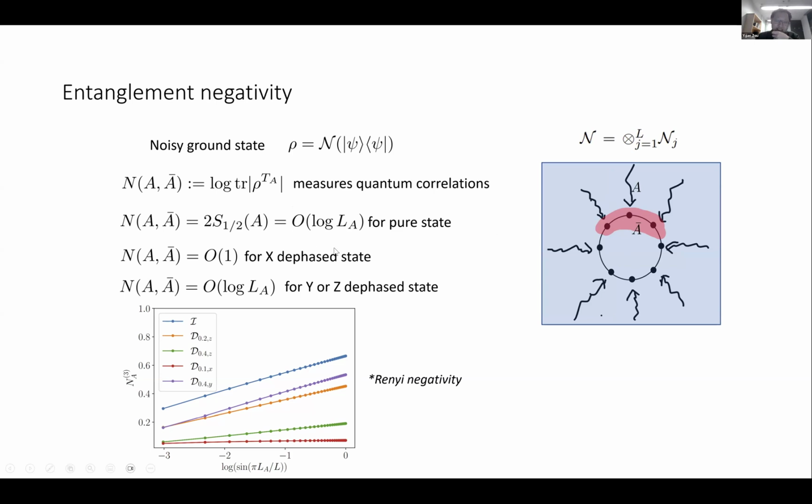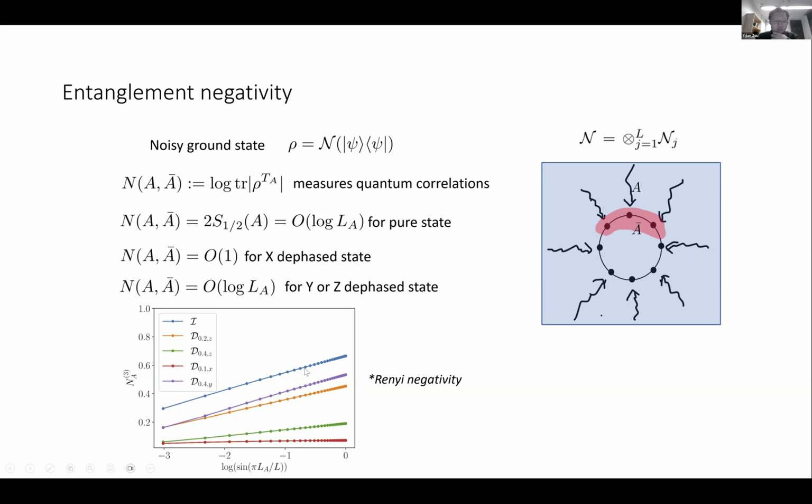As we can see, for the pure state, the connectivity is still logarithmic in system size, meaning that there are still many quantum degrees of freedom. But if you apply X dephasing, then, looking at the red line in the figure, the long-range connectivity just disappears. The connectivity is almost equal to 0, and that means there's not much quantumness as long as you apply a little bit of X dephasing. Here I'm showing the example of 0.1 strength of X dephasing.